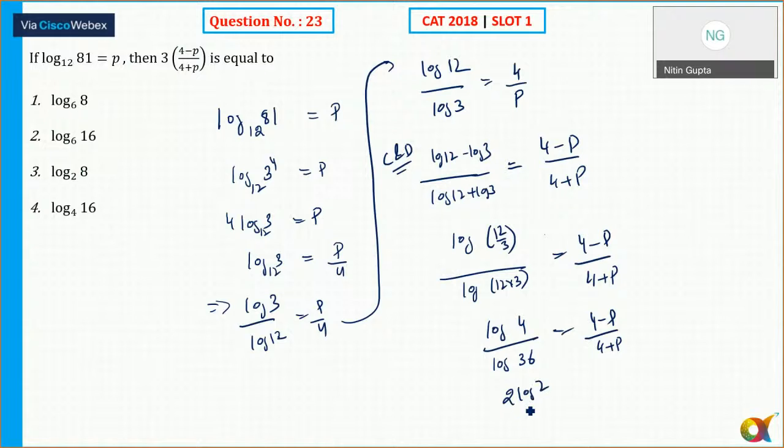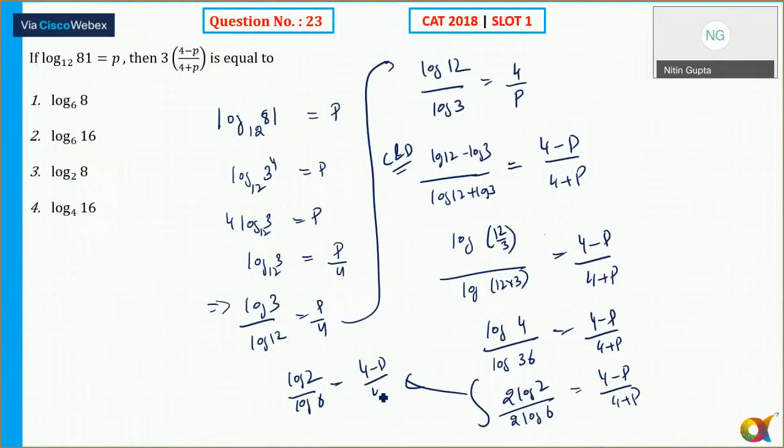Log 36 is 6 square, so that is equal to 2 log 6. So from here, log 2 upon log 6 is equal to 4 minus P upon 4 plus P.